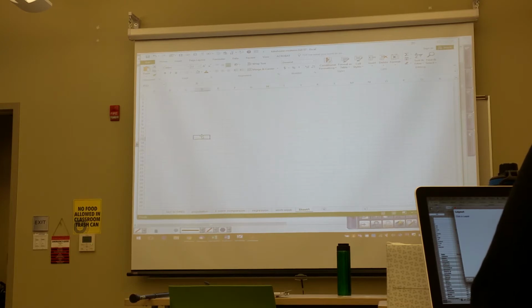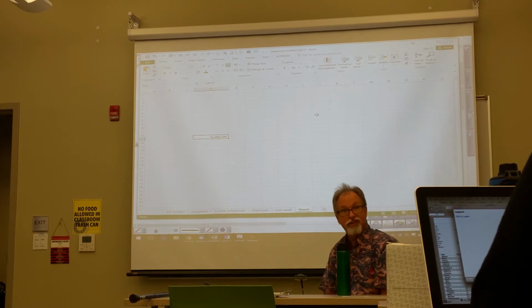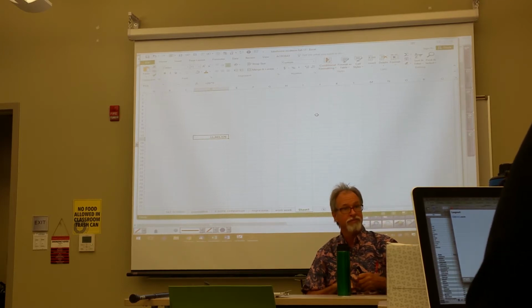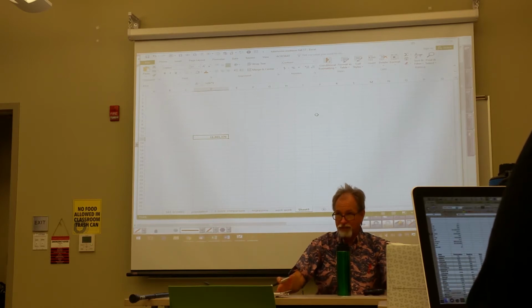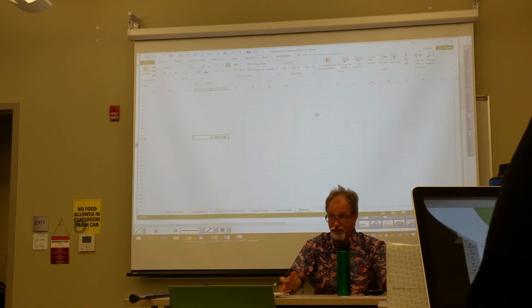So basically, I take 26 raised to the 5th power. And I get what, 11,881,376. And I will go in the blank. That's how many different 5-letter combinations I can make.